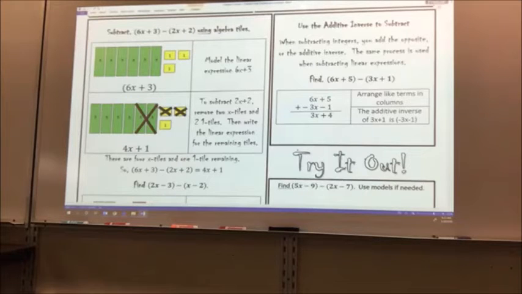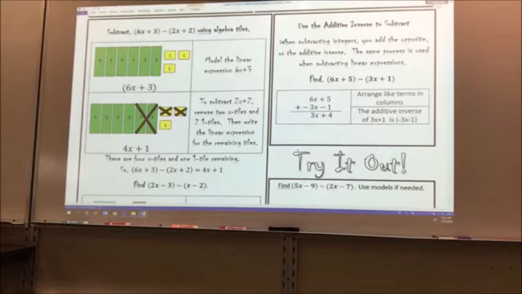So I'm taking away 2 x's, so I have 4 x's left, and I'm taking away 2 positives. So the nice thing about subtracting linear expressions, unless you have negatives within the parentheses, is it's really easy to just draw the first linear expression.